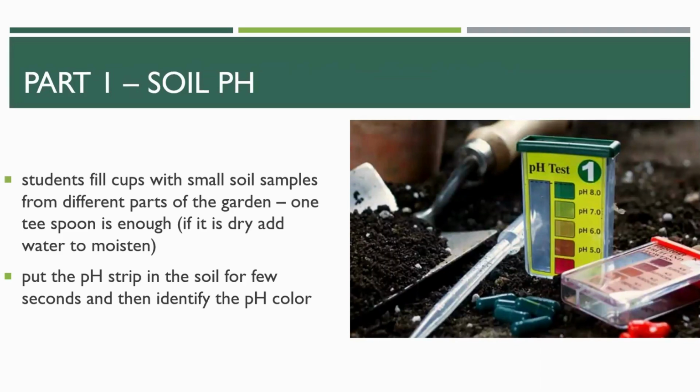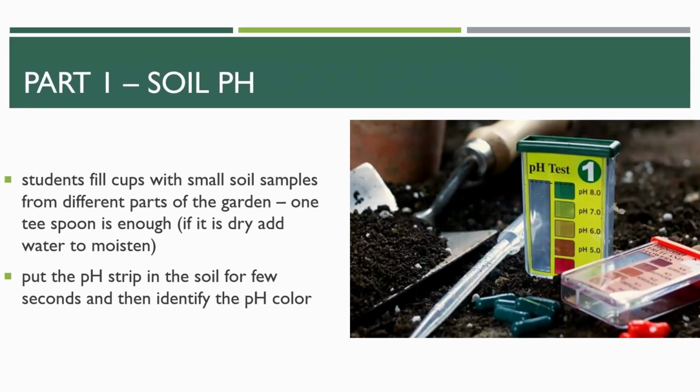The first part is that we have to know what the pH of our soil is. It's a very simple test and it shows us a great deal. Students fill their cups with small soil samples from different parts of the garden.